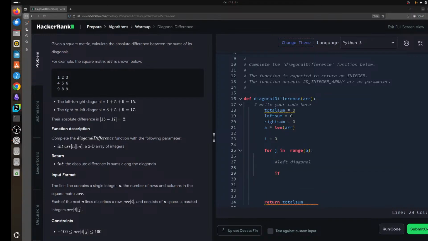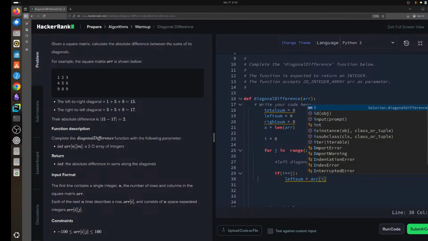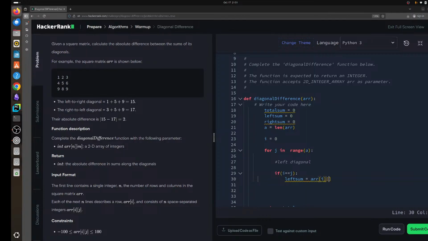If i equals j, then left sum plus equals arr of i, j.